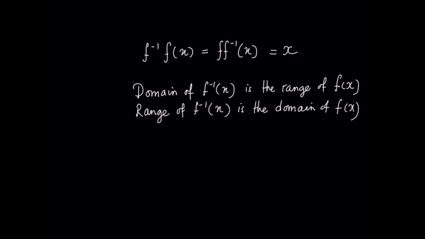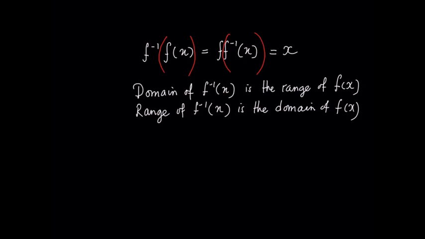The order in which we apply the inverse and the original function doesn't matter. If we apply f⁻¹(x) on f(x), it's the same as finding f(f⁻¹(x)), which will give us x.